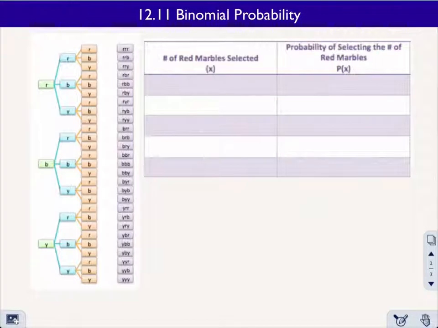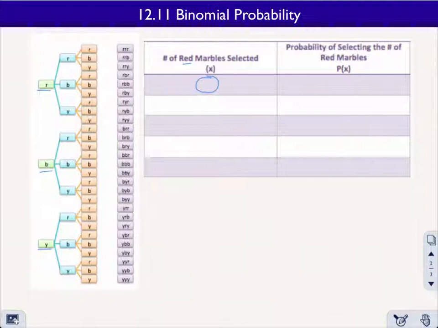Now, we could have solved this using what we already know about probability. So if we want the probability of getting exactly 0 blue marbles, yeah, we'll just change it to red marbles. So 0 red marbles here, what I've done is I've made a tree diagram of what's happening here, and I've made our sample space right here as well.